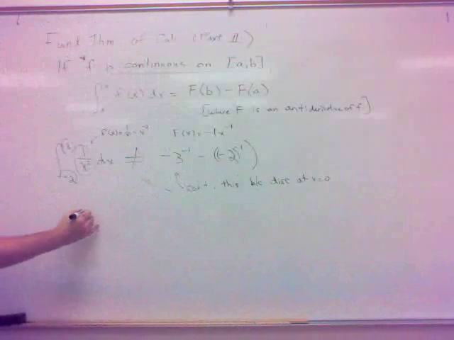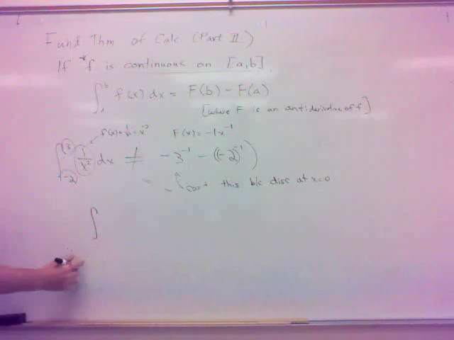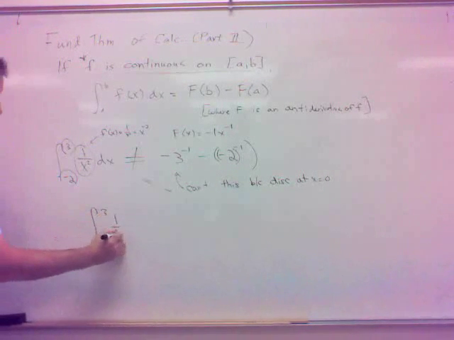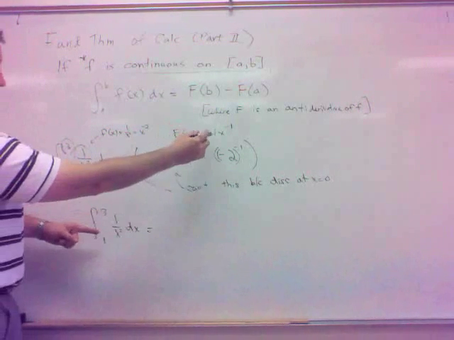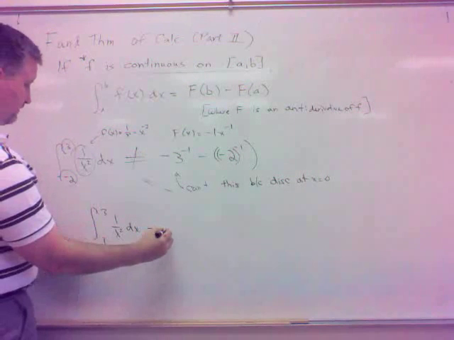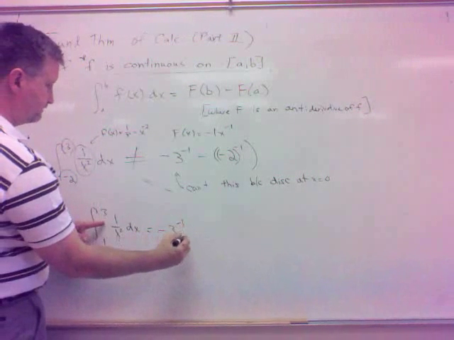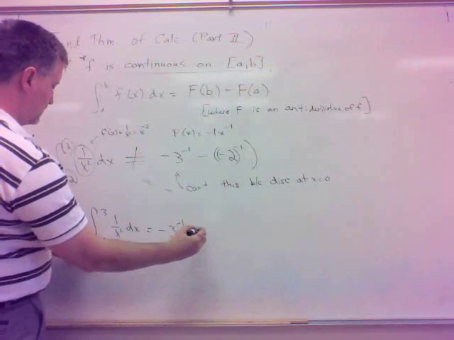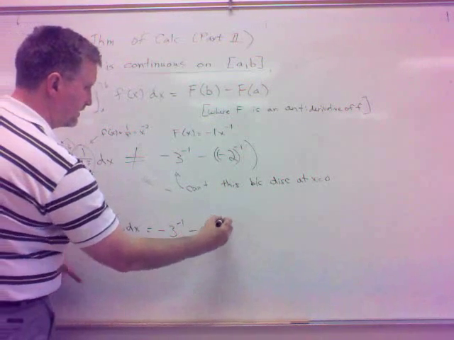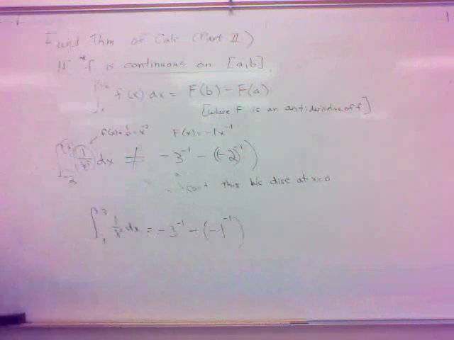Now, that being said, what if I wanted to go 1 to 3, 1 over x squared dx? Would that be equal to then, knowing that the antiderivative is that, -3 to the -1 minus -1 to the -1? Could I do that?